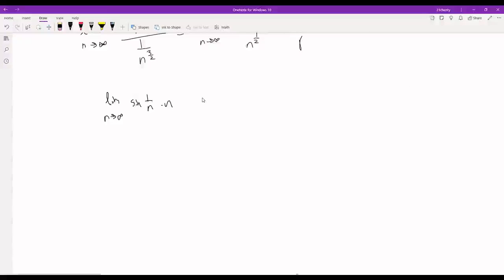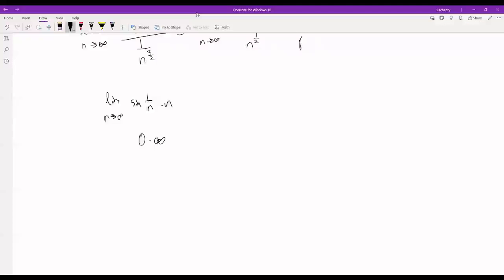So if we take it like this, sine of 1 over n as n approaches infinity, well, that's just sine of 0, which is, let me think, the unit circle, that's also 0. So we're left with 0 times, well, infinity. And this is, we don't know what that is.